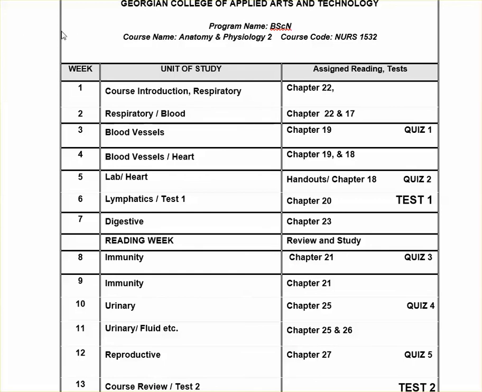Chapter 27, reproductive system. In class we did female. On the YouTubes we did male. So with the male we talked about the gonads being the testes, the accessory organs being the penis, and the various glands.